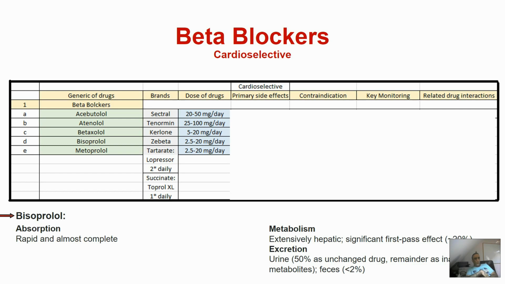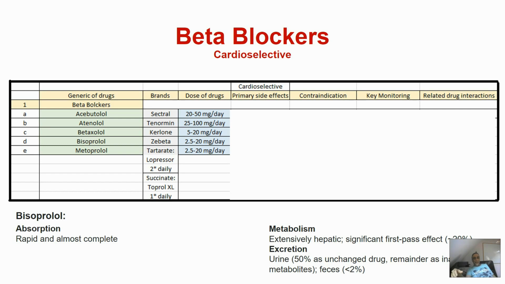The fourth drug of this group is Bisoprolol. Bisoprolol, like Betaxolol, has rapid and almost complete absorption. The brand is Zebeta, and the dose of the drug is between 2.5 and 20 milligrams per day.